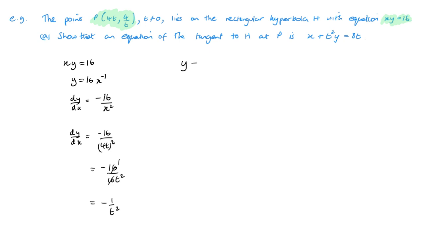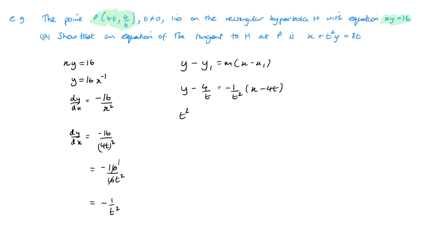Now, we need to substitute into this equation: y minus y1 equals m(x minus x1). So y minus 4 over t equals minus 1 over t squared times (x minus 4t). I think first things first is multiply up by t squared.